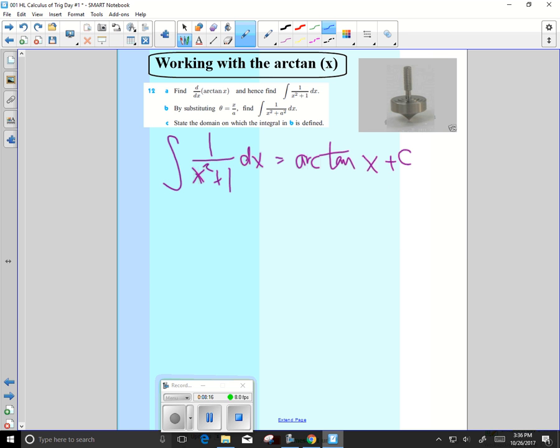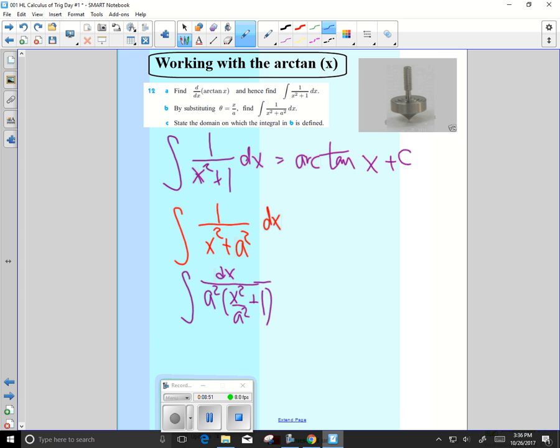So now what I want to know is what happens when we throw in 1 over x squared plus a squared. This is a little bit more interesting, a little more challenging, but you'll see a lot of similarities. I'm going to take out an a squared in the denominator, leaving x squared over a squared plus 1.